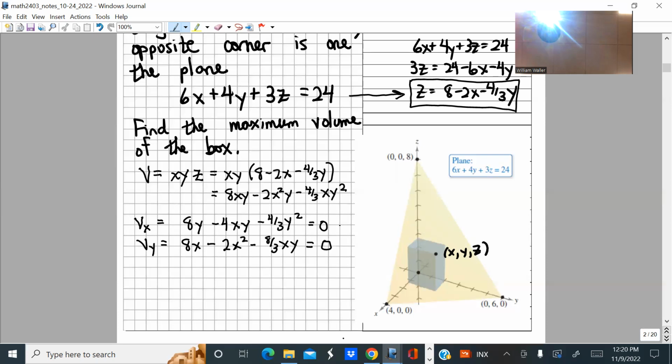So now we just want to find simultaneous solutions, right? It looks terrible, but maybe not so bad. See if we can think about it. From that first equation, the partial with respect to x equals 0, let's do a little factoring.